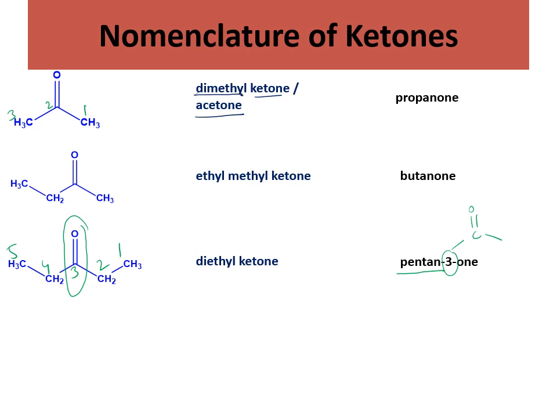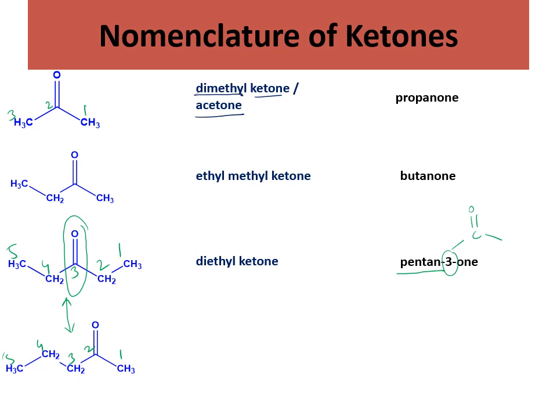Okay. Why is numbering important? Because we have another molecule with 5 carbons again. So we have another pentanone. But in this case, the second carbon has the carbonyl. You can see that these 2 molecules have the same number of carbons in their chain, so both of them are pentanone.